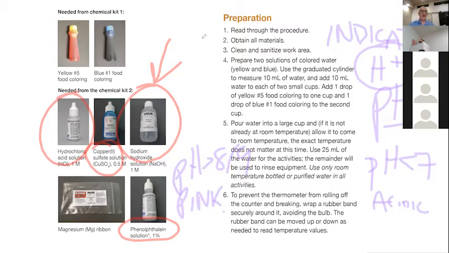So when you dissolve an acid like hydrochloric acid in solution, it releases a lot of H+, pH goes down, and the phenolphthalein is clear. When you put sodium hydroxide in, it soaks up the H+ and turns it back into water. So the pH goes up, it becomes basic, and it turns pink.